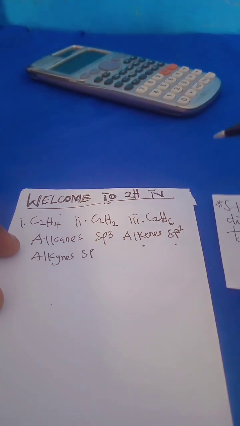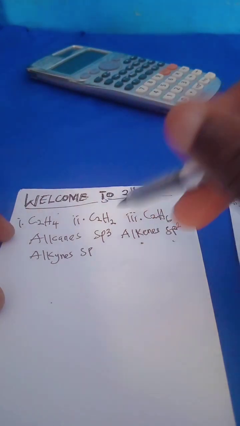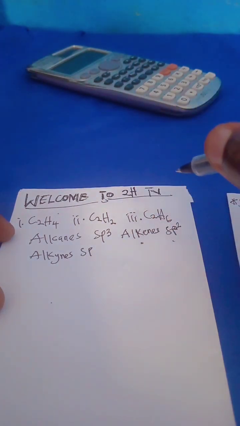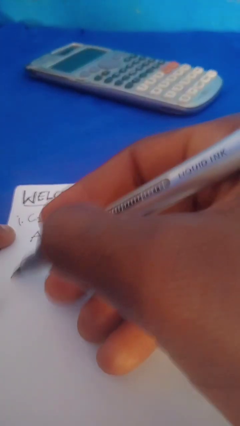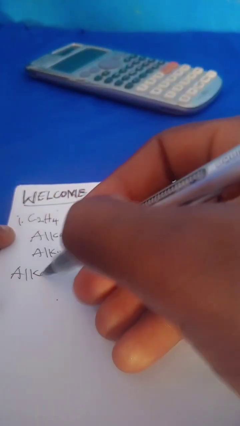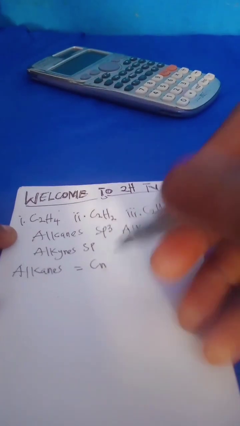Now, how do you identify whether the given compounds are alkanes, alkenes, or alkynes? You identify them by comparing them to their general formula. For alkanes, the general formula is CnH2n+2.